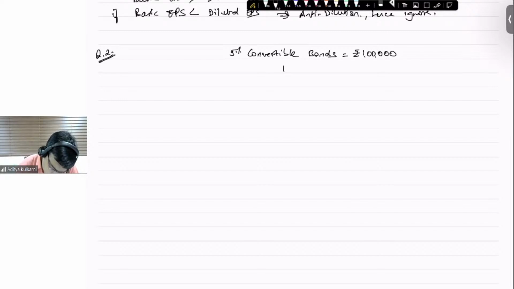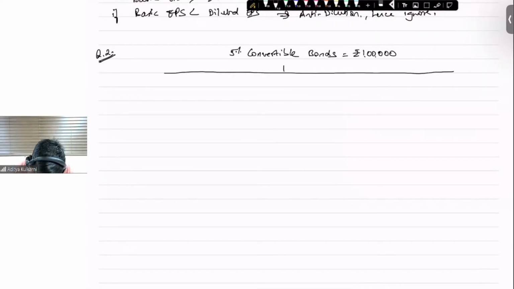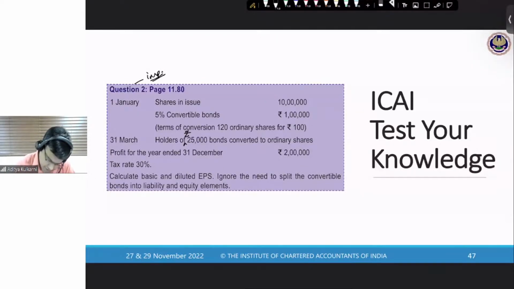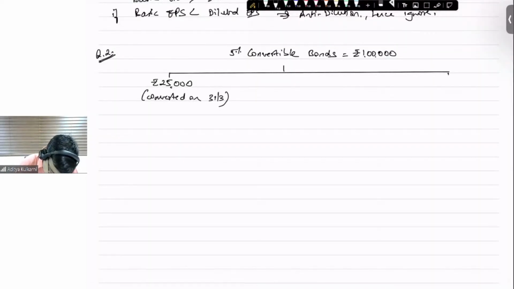Now, some of it is getting converted in the current year. Rupees 25,000 converted on 31st March and rupees 75,000 not converted.